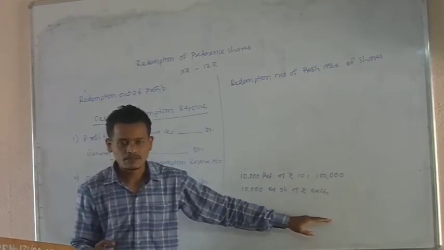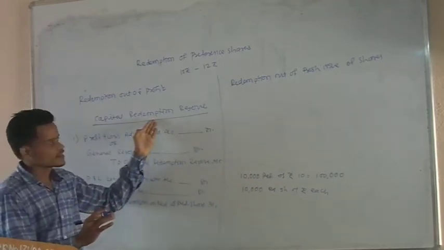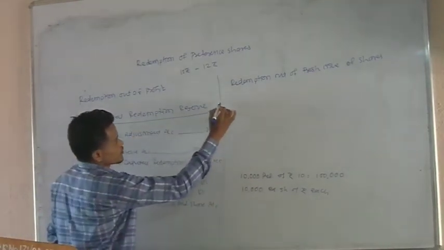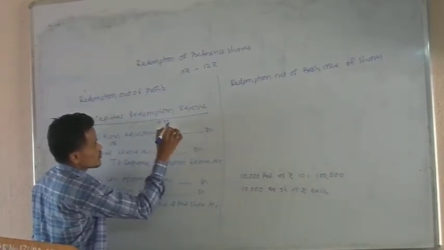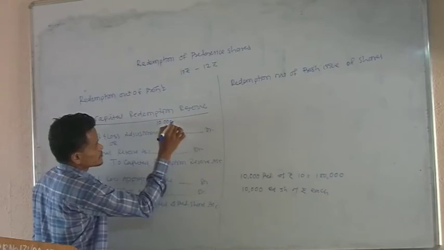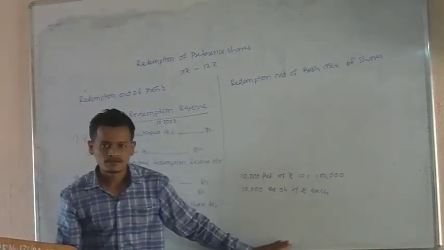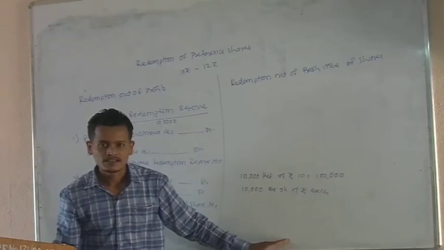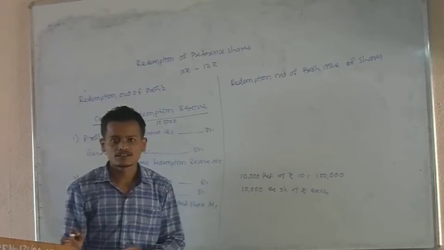But we know that capital redemption reserve is compulsorily created, so there is an amount of 1 lakh of capital redemption reserve. That amount is transferred to share capital account and then the share capital is equalized, there isn't any reduction.